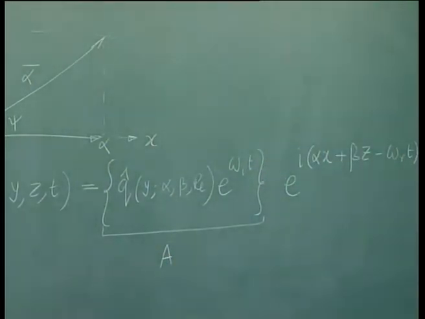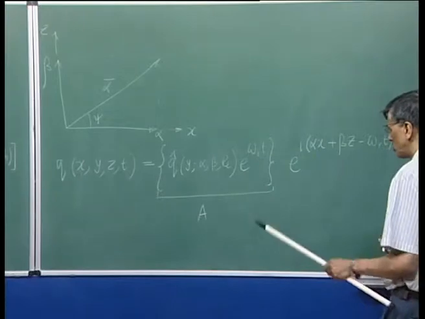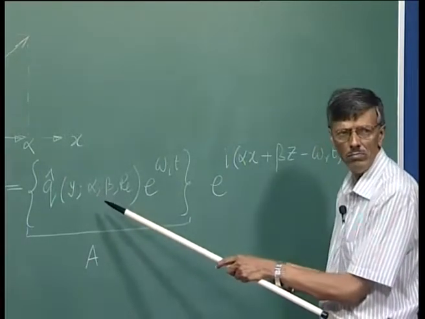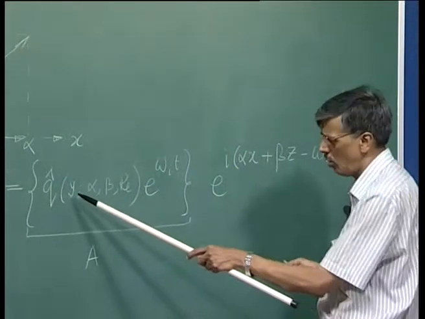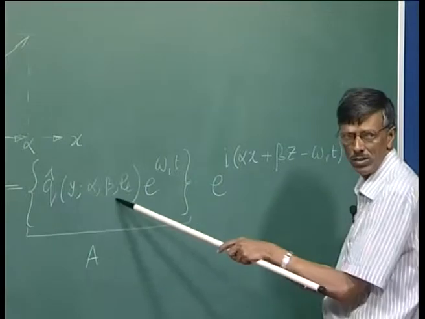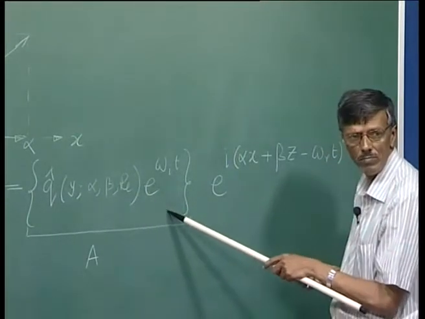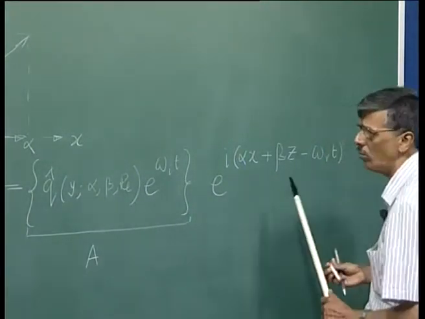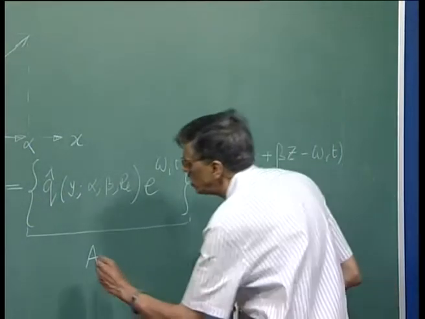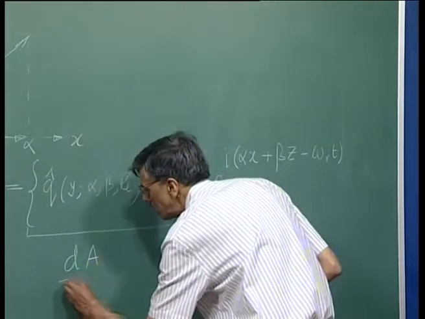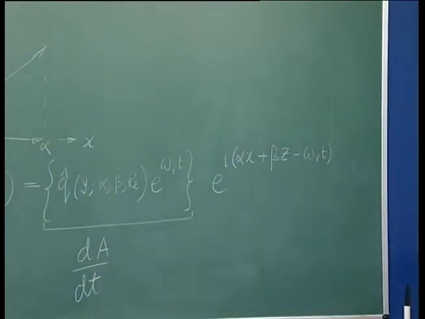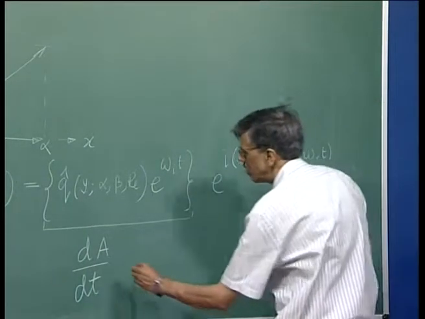So, A depends on y, and alpha and beta mean x and z, right. So, it is a function of space, this part, times a function of time. If that is A, I could write dA dt. If I do, what do I get?